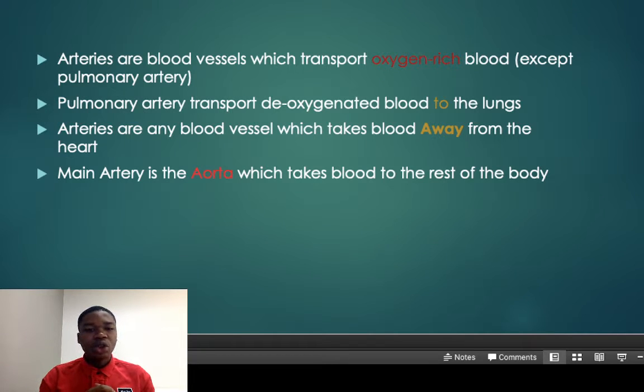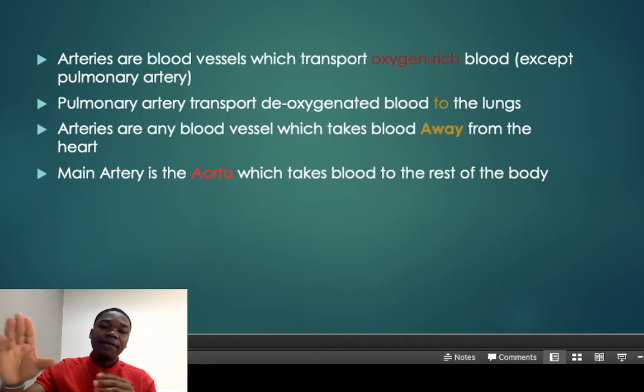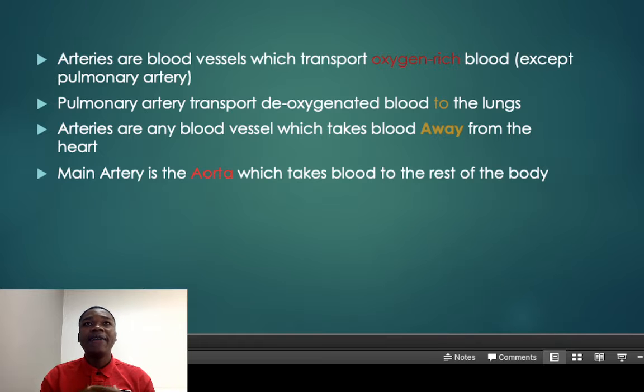So arteries are any blood vessels which take blood away from the heart. A for artery, A for away, from the heart.